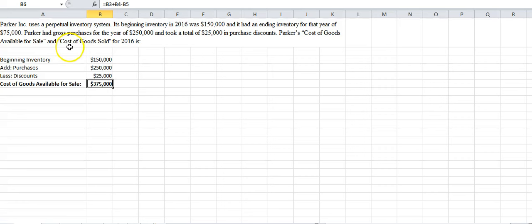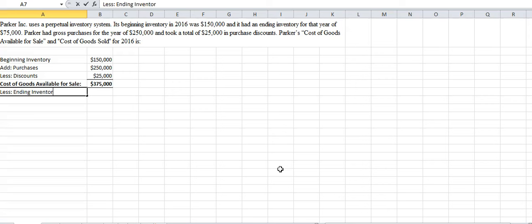Now you want to know how much was your cost of goods sold. Well, think of this logically. If you had 375 to sell and you ended with 75, how much did you sell? Well, that's pretty easy, right? All you have to do is subtract the ending inventory.